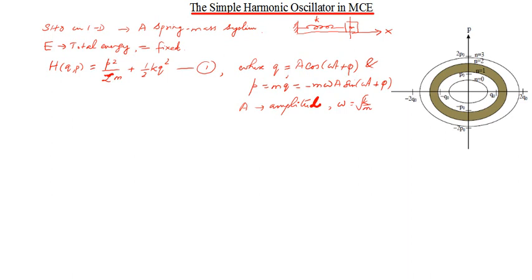Now, the total energy of the oscillator, which we take to be E, a constant. You can use equation number 1 itself, but for completeness I am writing separately.